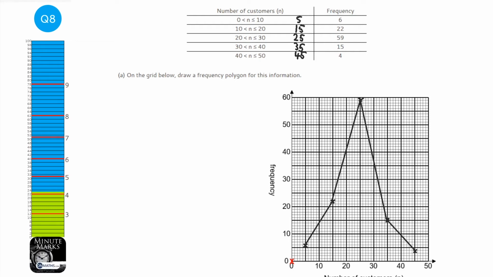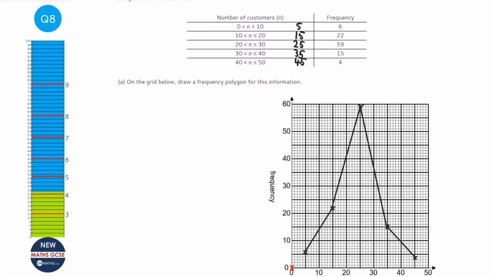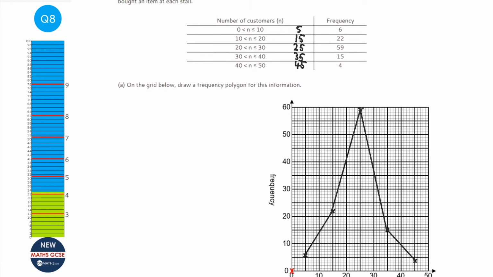You're not actually trying to make a polygon, okay? So don't ever draw this line here, okay? That's not a good thing to do, so make sure you don't do that. Okay, and that's it. So midpoints, crosses, and then join them up with straight lines if you're asked for a frequency polygon.